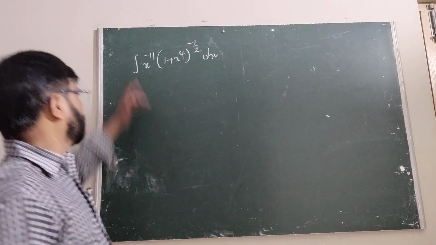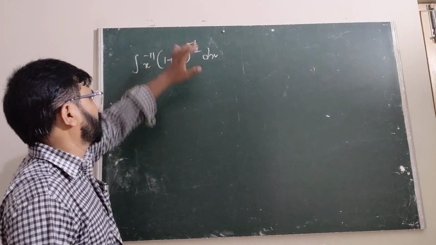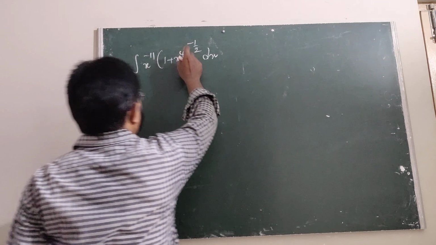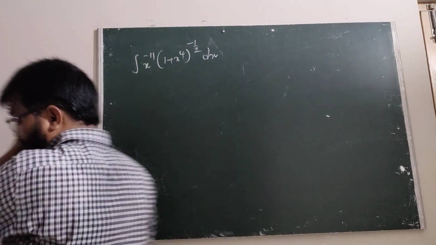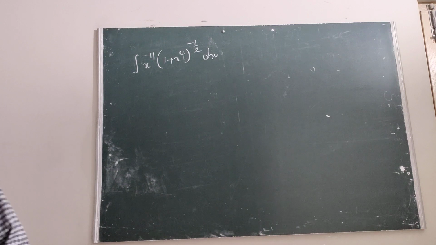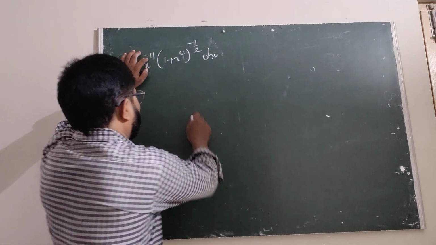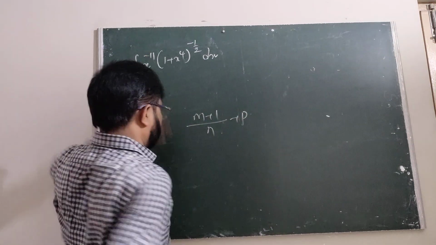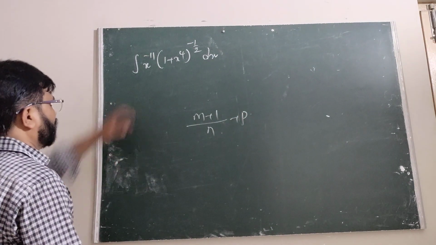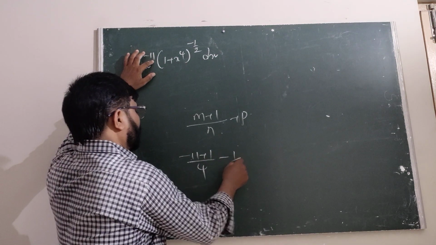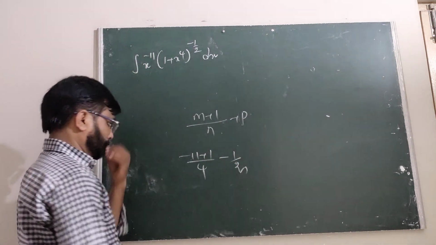Now here this is x power minus 11, 1 plus x power 4 whole power minus 1 by 2. This is the m, this is the n, this is the p. When m plus 1 by n plus p is an integer, where m is this one: minus 11 plus 1 by 4 minus 1 by 2.